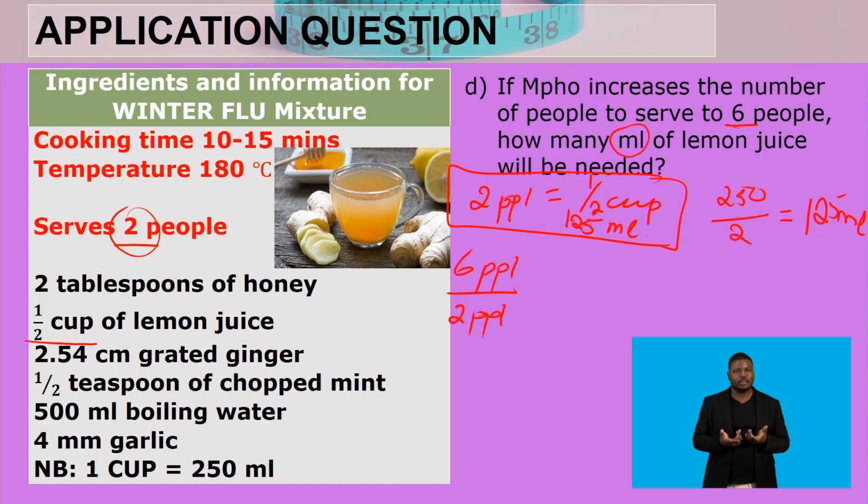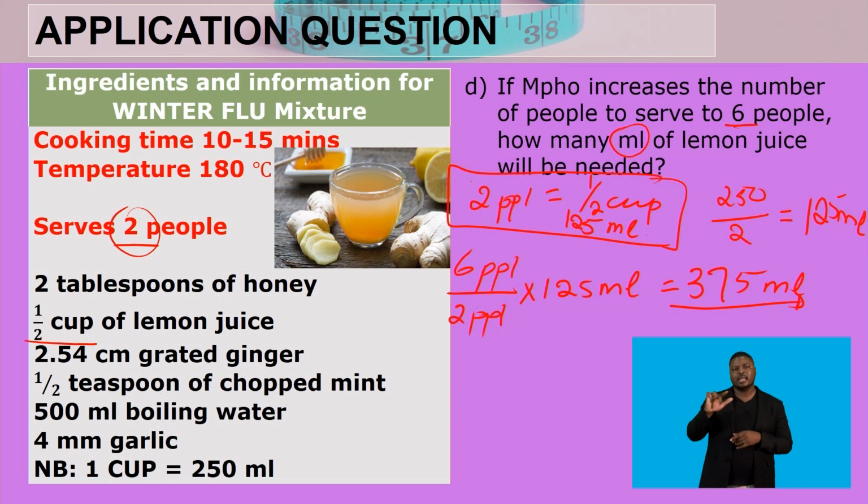Someone could have done it differently, but we will look at that as well. 125 milliliters. So what is 6 divided by 2? 6 divided by 2 is 3. Then 3 multiplied by 125. What do we get? We are getting 375. So it means he will need 375 milliliters of lemon juice.